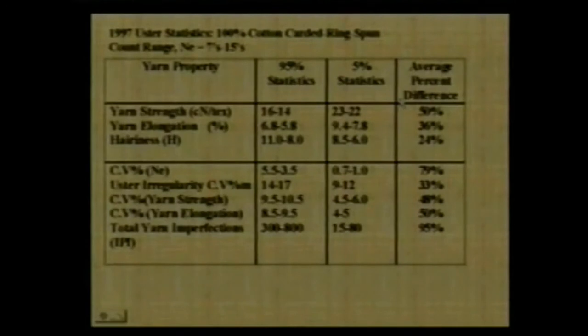In yarn strength, we have 50% difference. So for a given count, some company may be making 16 centinewton per tex, and another company is making 23.